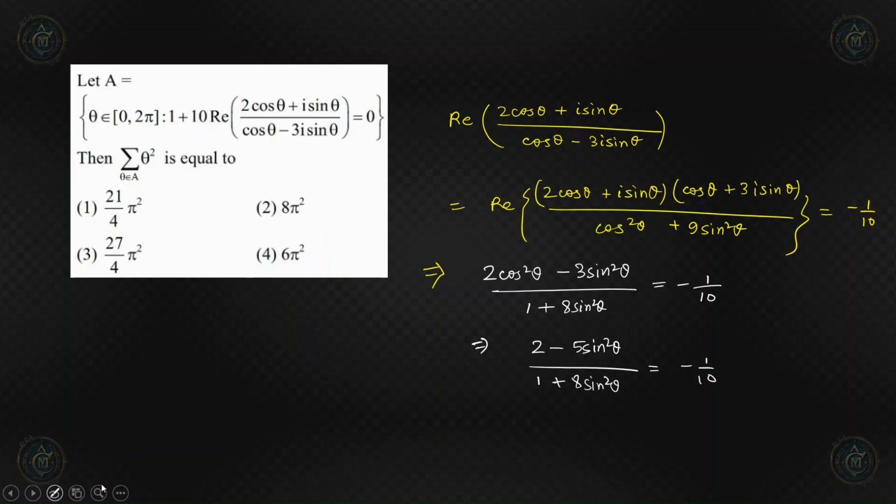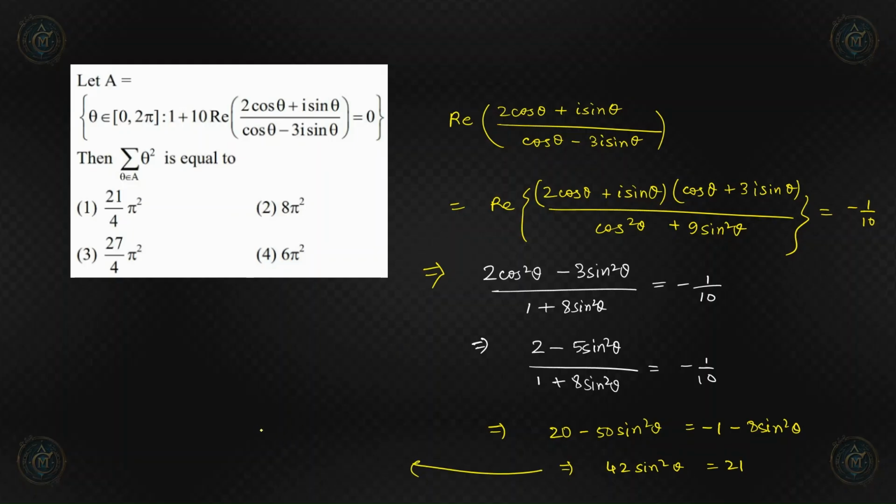Okay, so from here if we calculate, this will be 20 minus 50 sine square theta is equal to minus 1 minus 8 sine square theta. So from here, 42 sine square theta is equal to 21, which means sine square theta is equal to half. Okay, so sine square theta is half, that means sine theta can be plus minus 1 by root 2.